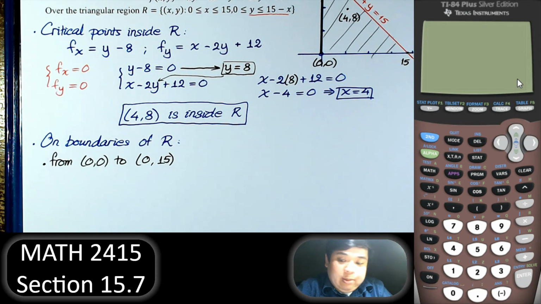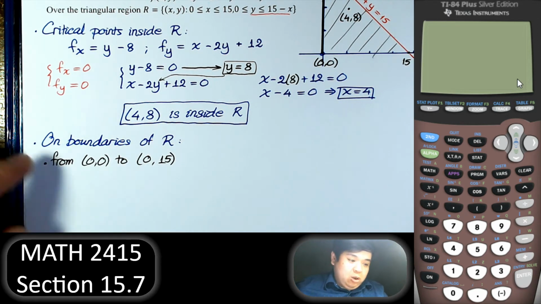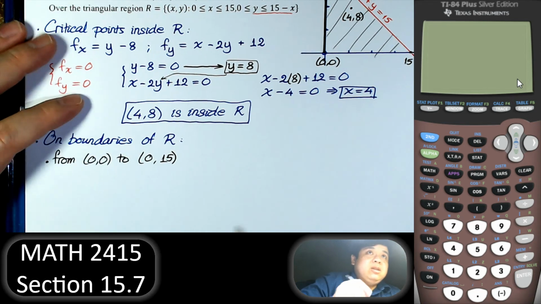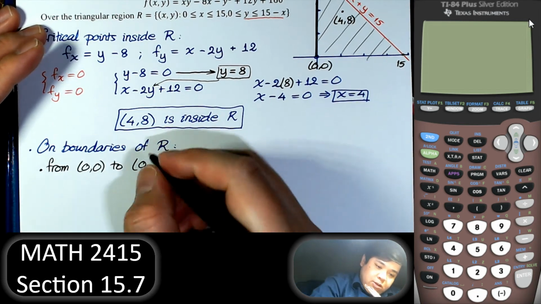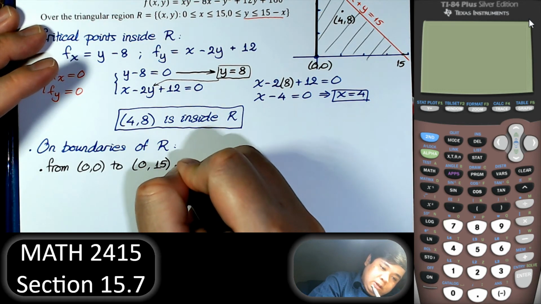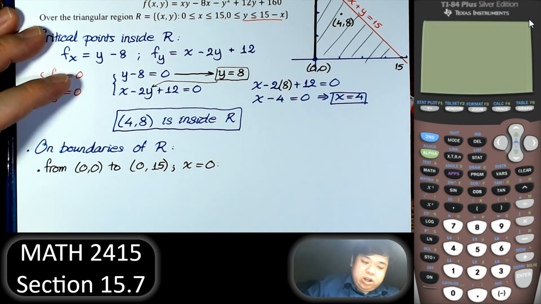So on the boundary, the first line segment, in this case we set x equal to 0, because on this boundary x equal to 0. I will substitute into the equation.